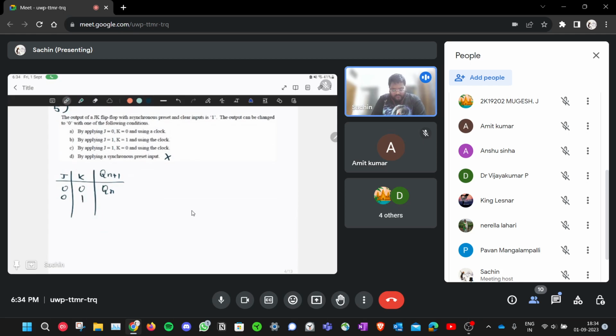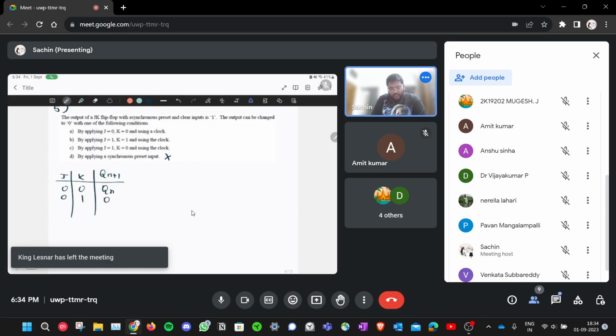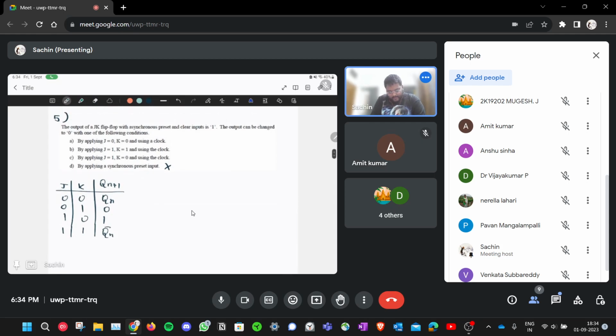When it's 0 1, your output will go to 0. When it's 1 0, it will be 1. When it's 1 1, it will toggle, so you get Q bar.